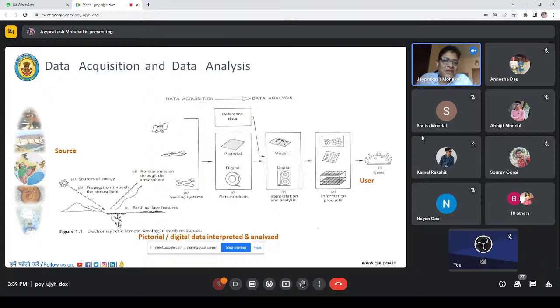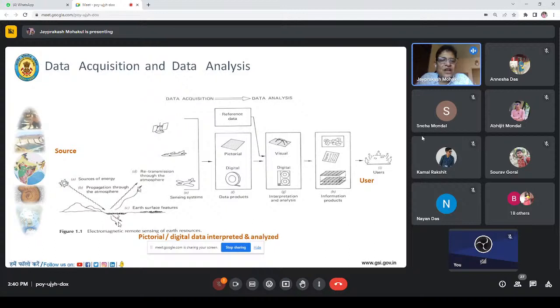A majority of the energy gets reflected, and what heated up the earth eventually goes out as emission, right? Understood? Supposing you are doing remote sensing of this area, you want to know what kind of material is here.